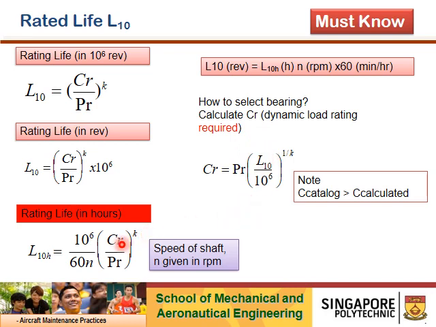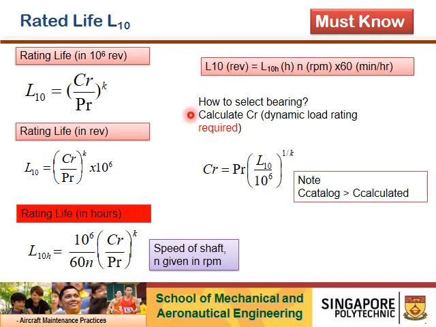So L10h is equal to 10 to the power 6 over 60N, times (CR over PR) to the power K, where N is given as your RPM. So given here, L10 revolution, how do I get my L10 revolution if I am given the hours L10h, right, times RPM times 60 to convert it to RPH. Then you multiply by h, then you will get the revolutions.